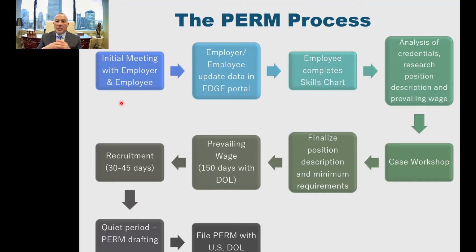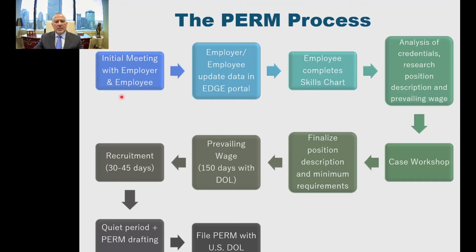So my job is to get all that information from the employer and employee and blend it together in a fashion that meets everybody's objectives. The employer wants this employee to remain in the country, and the employee wants a green card, and my job is to make sure that they both get what they want in an optimized fashion.